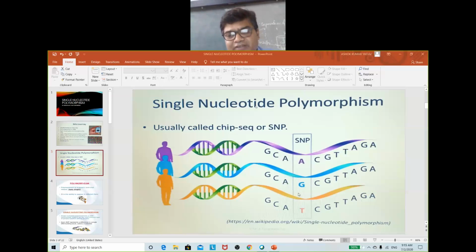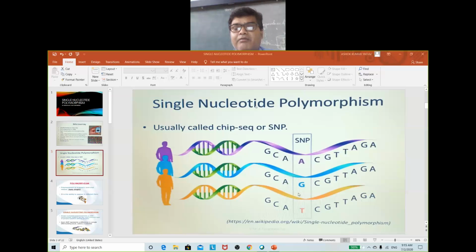By observing the SNP map, the doctor prescribes what will be the dose of the medicine. So response of the drug, that is the third point, that is the application of SNP.